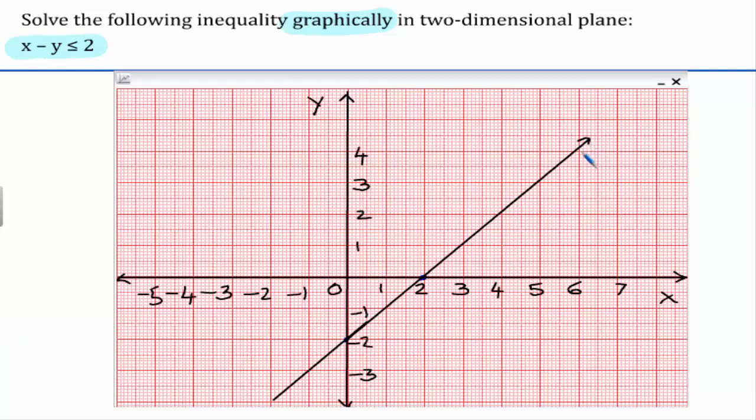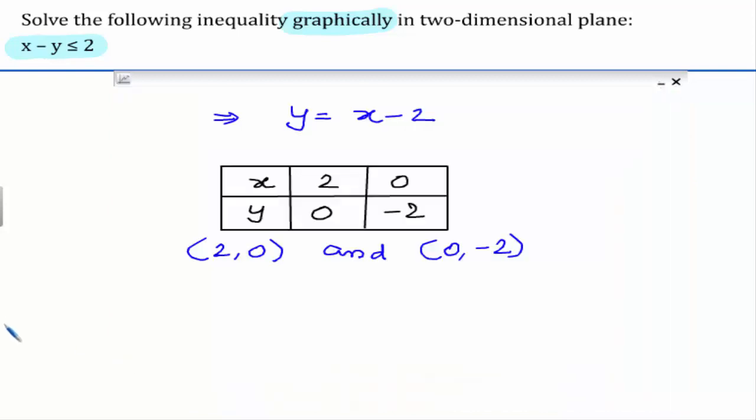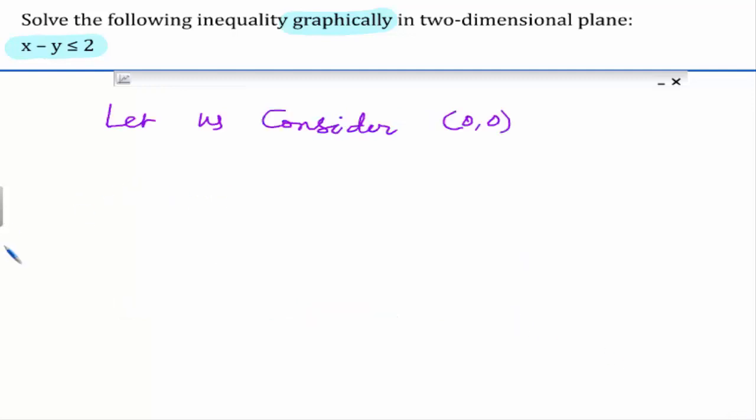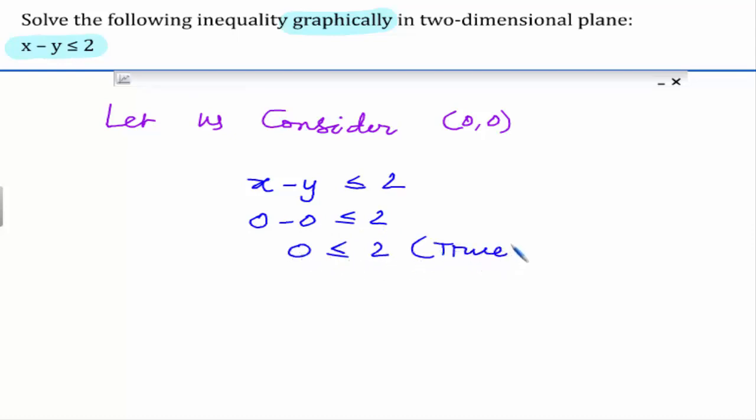Here is a line dividing the plane into 2 equal parts. Now the line is not passing through the origin, so therefore let us consider the point origin and we'll substitute this point into the given inequality, which is x minus y less than or equal to 2, 0 minus 0 less than or equal to 2, which is 0 less than or equal to 2, which is a true statement.